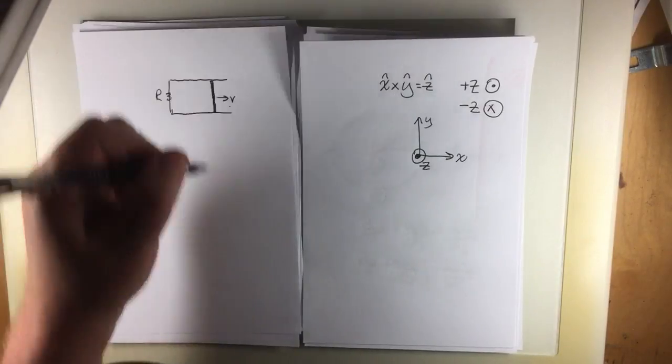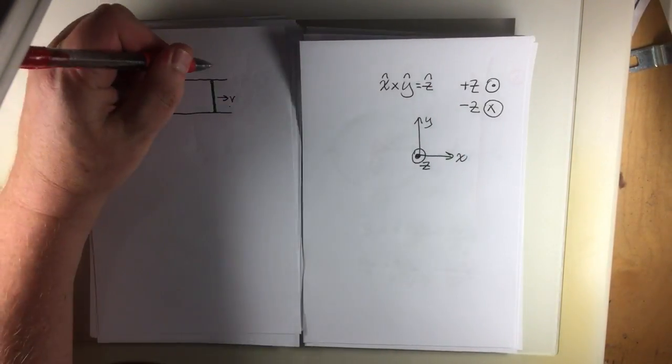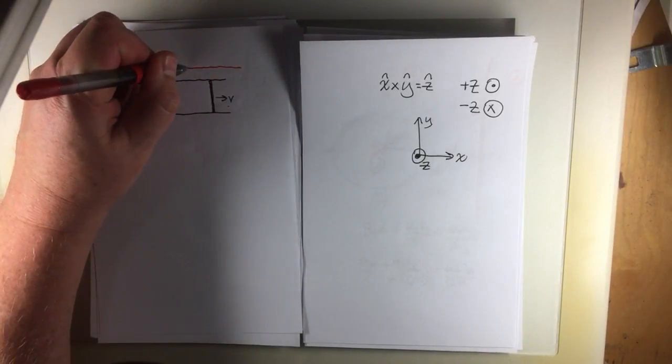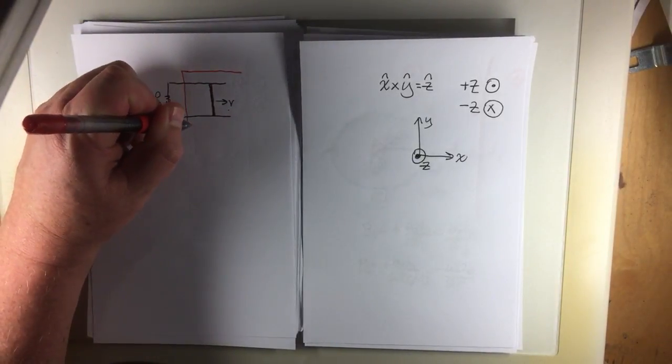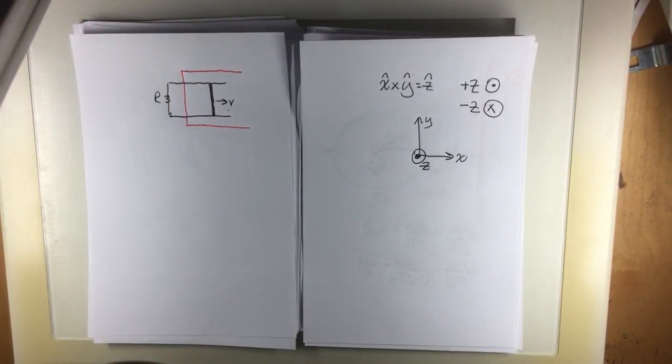So the velocity of the bar is to the right. Now, if you look at the examples that we did in one particular lecture, you can't say the velocity is to the right, therefore the magnetic force is to the left. You just can't straight up do it.